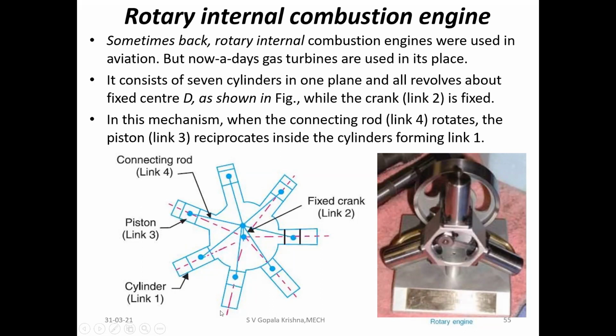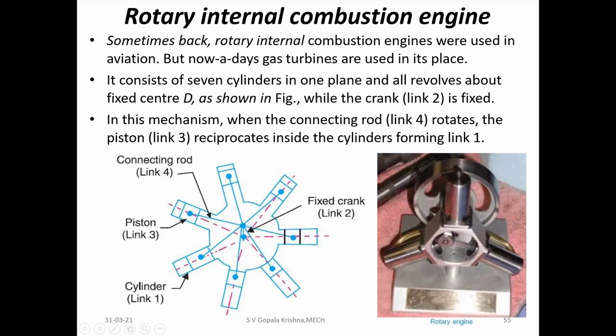So again it consists of only four links. The cylinders are all similar here. In this arrangement it also performs the same function, reciprocating to rotary, or rotary to reciprocating. That function is happening here.